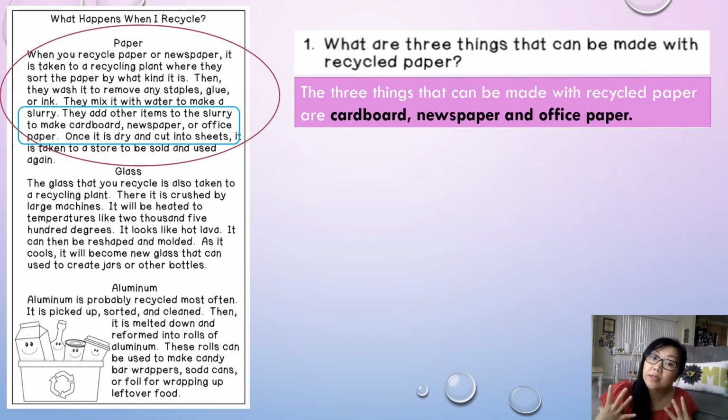And this is something that you need to be doing as you are answering these questions. Justify your answers by going back to the text and figuring out which information or which sentences give you the answer to all of your questions.